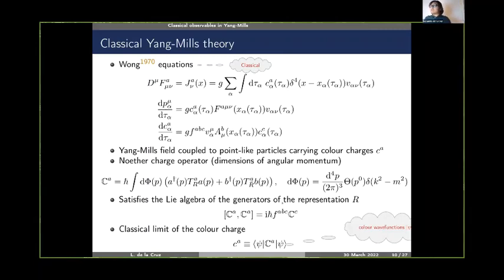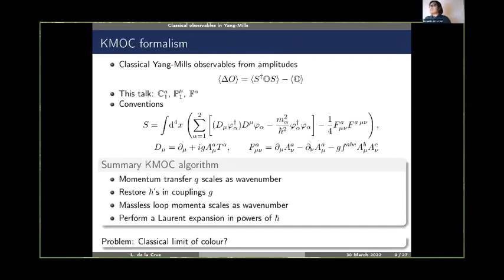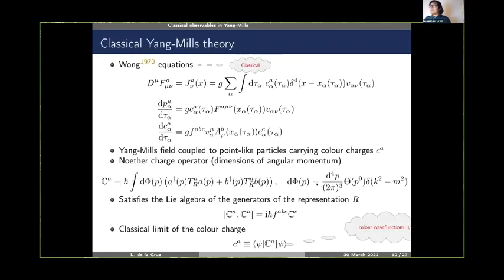satisfies the Lie algebra of the generators of the representation. Notice that I haven't specified the representation; at the moment, I'm keeping this representation arbitrary. So it is natural to define the classical limit of the Coulomb charge as the expectation value of this operator taken with respect to some Coulomb wave functions.